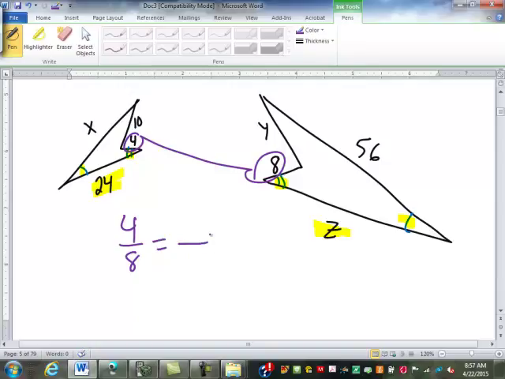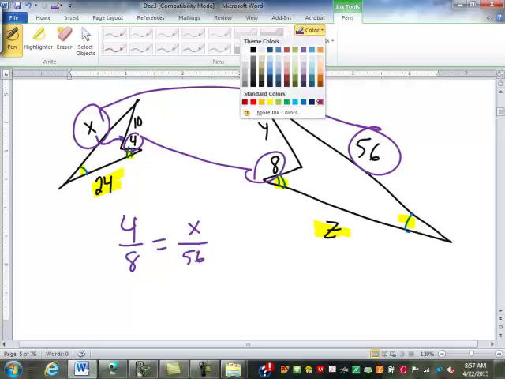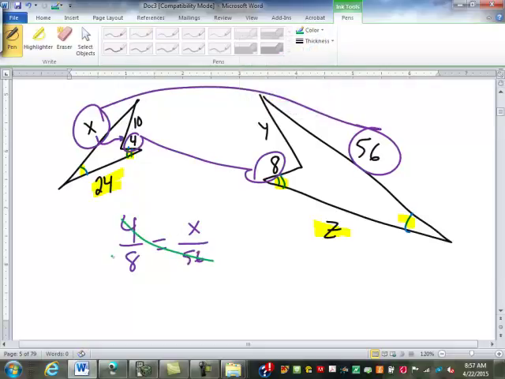It goes on top because it's from the same figure as the 4. What goes below it? It corresponds to the 56. So we're going to cross multiply and divide. 4 times 56 divided by 8 is 28. X is 28.